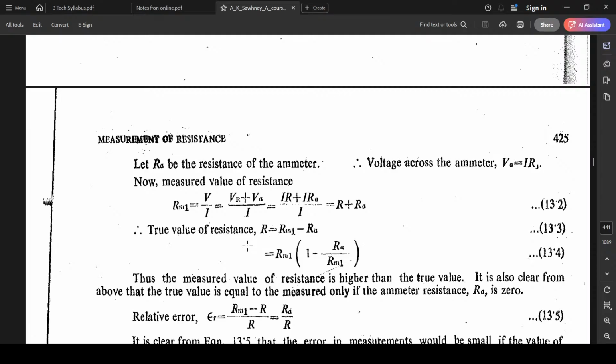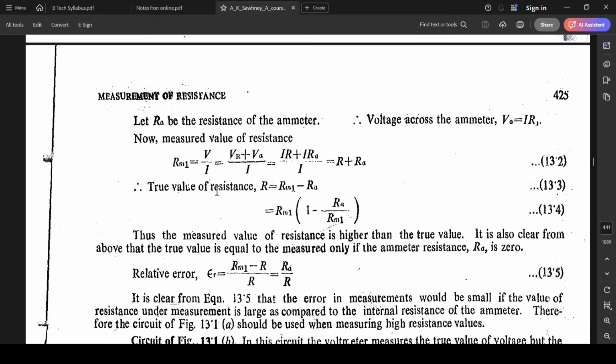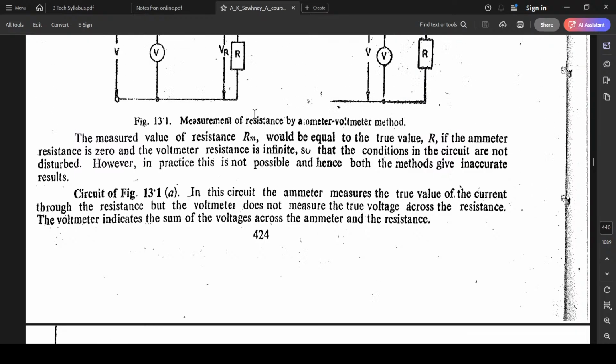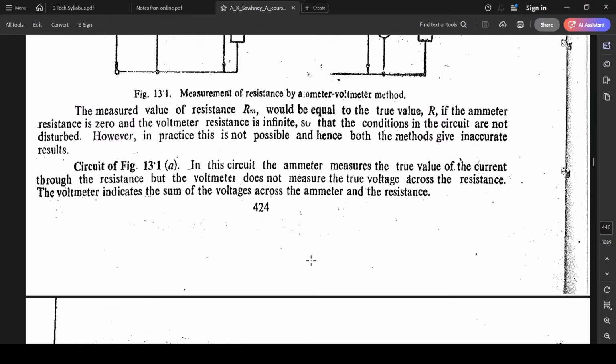So RA plus R. This is pretty easy. Why is it even proving this? The true value of resistance is R measured minus RA. So what we have measured, we'll subtract R ammeter from it, and we'll get the value of this R.